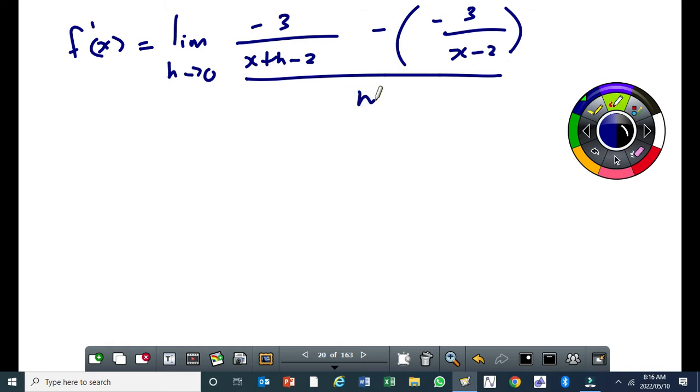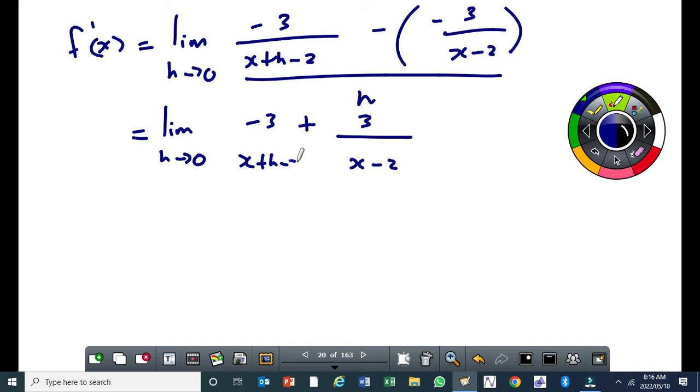Okay, now from here, the rest is algebra. It's not calculus at all, your knowledge of algebra. Right? So this becomes the limit as h tends to 0 of minus 3 plus, now that becomes minus 3 plus 3 over x minus 2, and here it will be x plus h minus 2, like that.